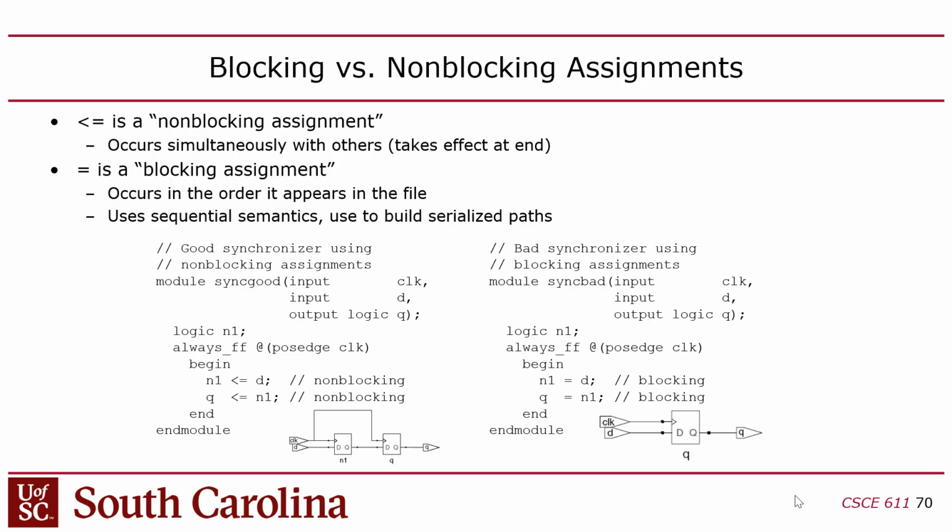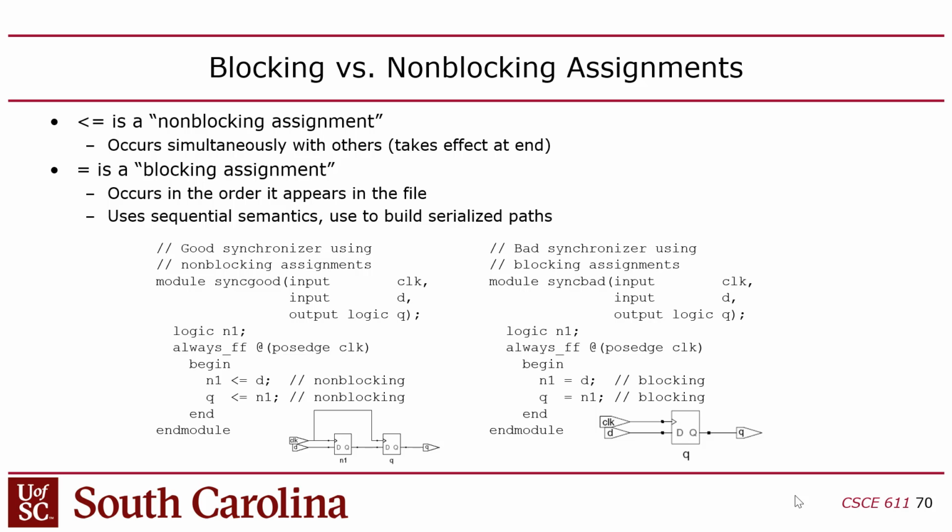If you use non-blocking assignment statements, then the second line of code is not going to see the new value of N1 established in the line above it. It's going to see the old value of N1, because in a non-blocking assignment, these assignments don't take effect until you've run the whole always statement through. Does that make sense?